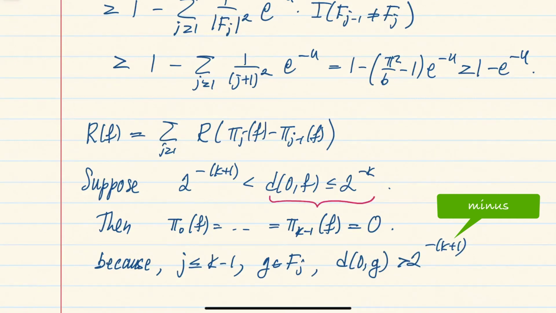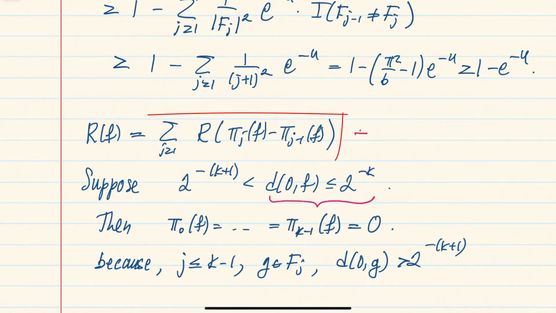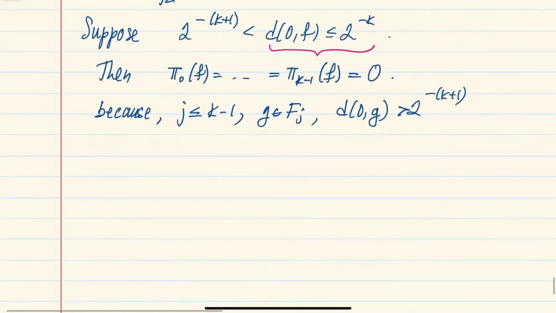So 0 has to be the closest point up to that level. So in particular, in this telescopic series here, the sum will start at k. Until then, the links are 0. So the sum will be for j greater or equal than k.